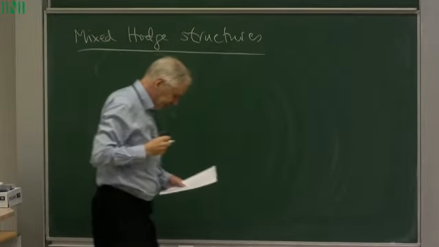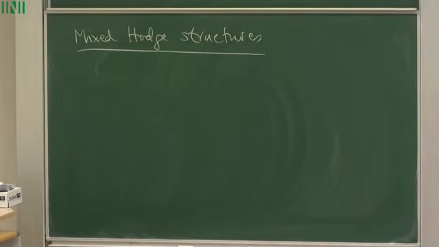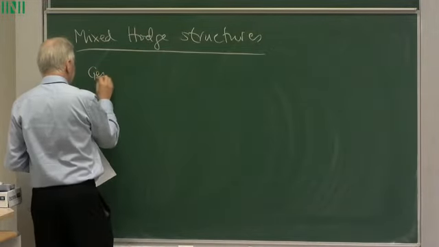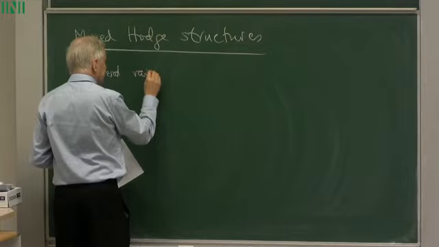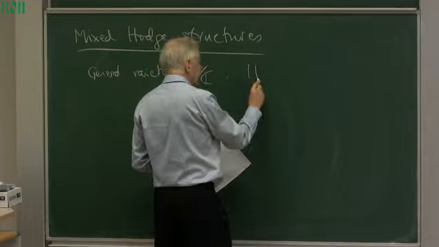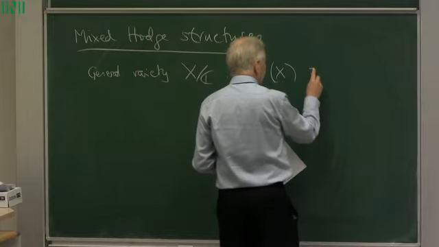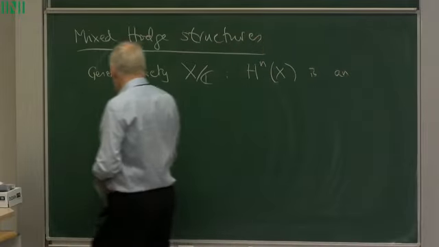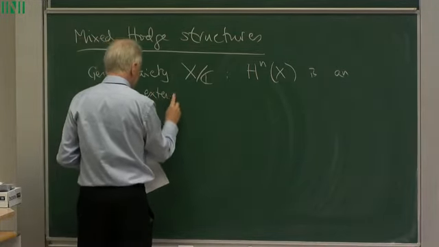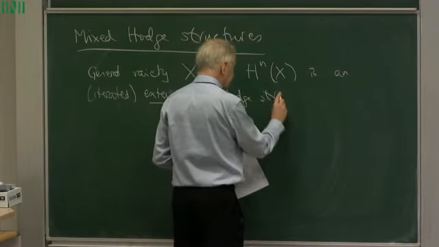The starting point of this is a wonderful discovery of Deligne that if you have a general variety, say X over C, then its cohomology is an iterated, in general, extension of Hodge structures of different weights.